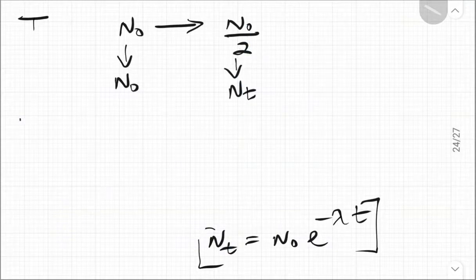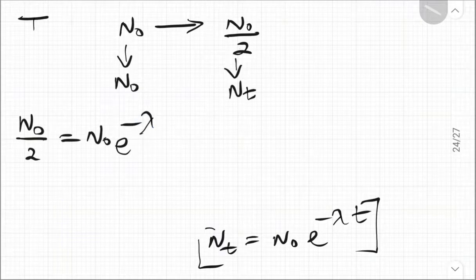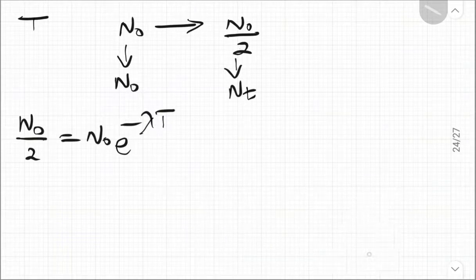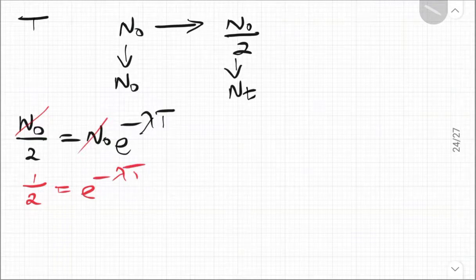So Nt here is N naught over 2, equal to N naught e to the negative lambda T. Of course, T in this case is the half-life. This N naught cancels out with this one, and we have 1 over 2 on the left-hand side, equal to e to the negative lambda capital T. So let's find the natural logarithm of both sides.